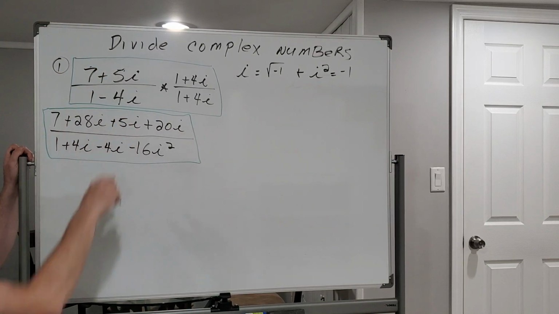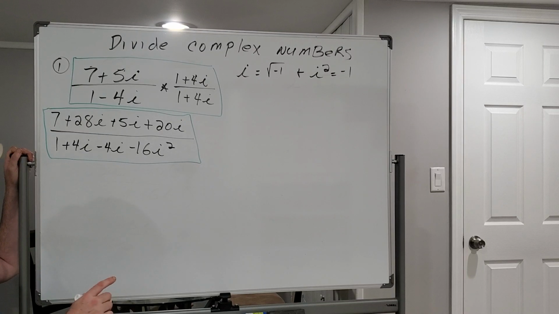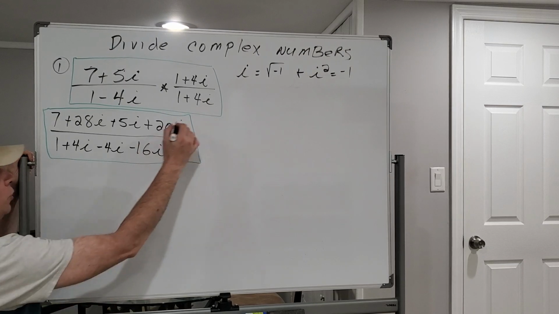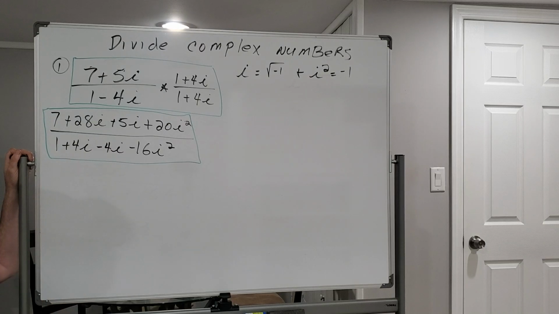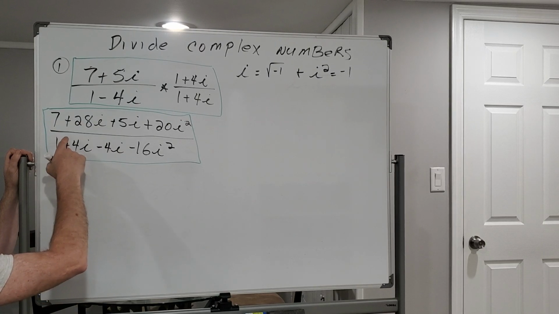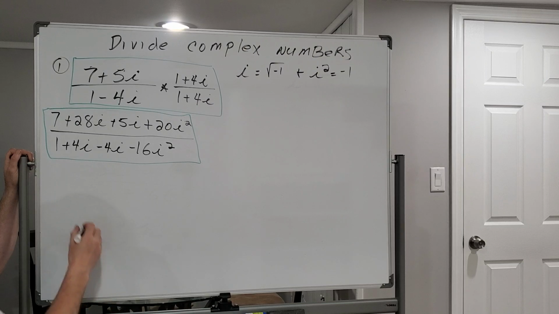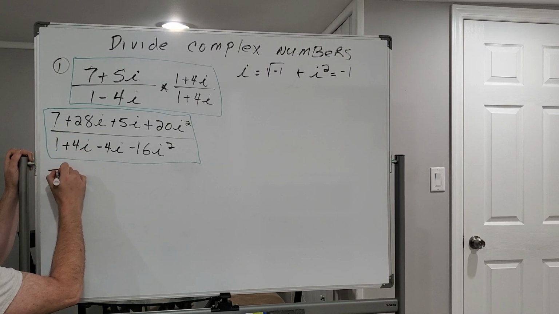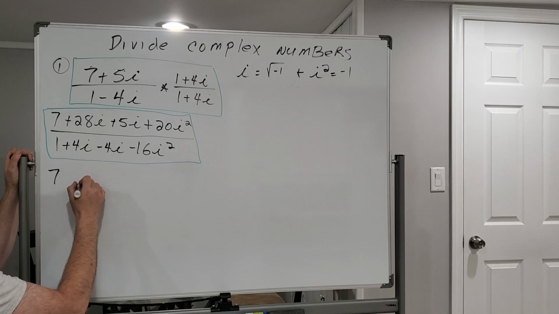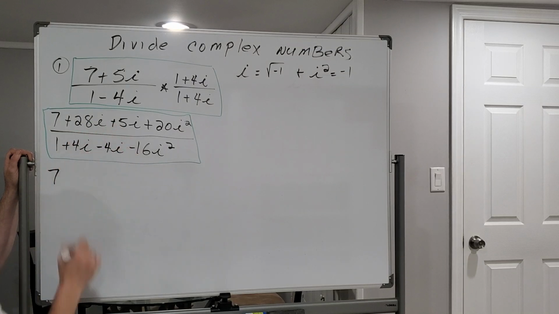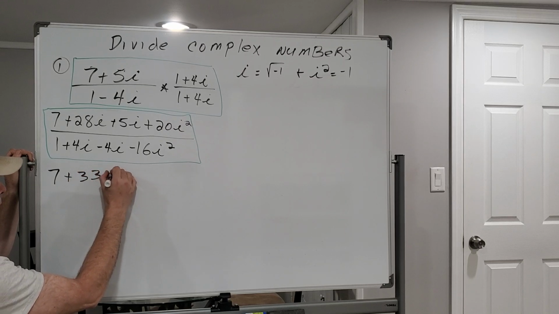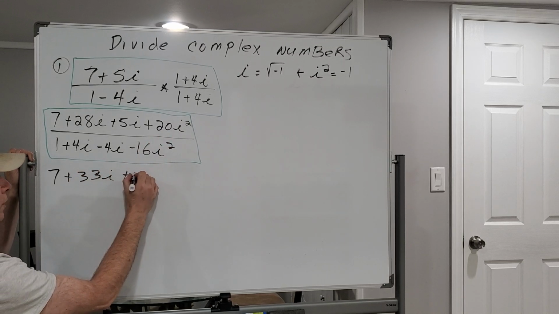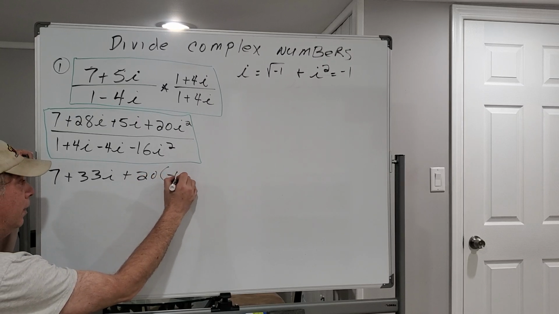Now we're going to combine any like terms and also take care of this i here, which should be i squared, because 5i times 4i is 20i squared. So now, i squared is going to be -1. So I'm going to take my 7, and I'm going to have 28i plus 5i, which is plus 33i, and then plus 20 times -1.